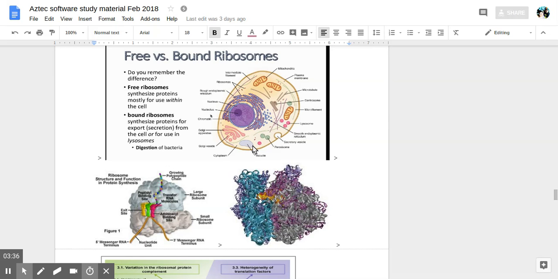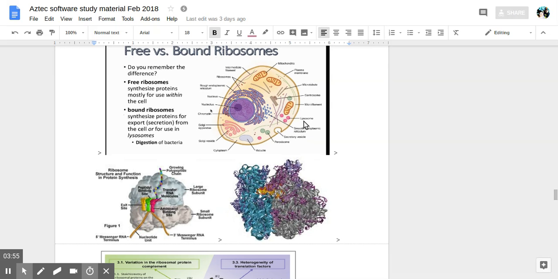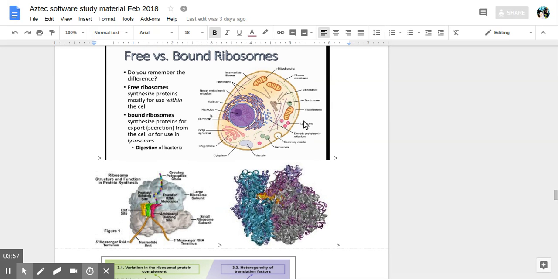Vacuoles contain water and storage of materials. We will learn about peroxisomes and lysosomes subsequently; they help with breaking down of materials, etc.